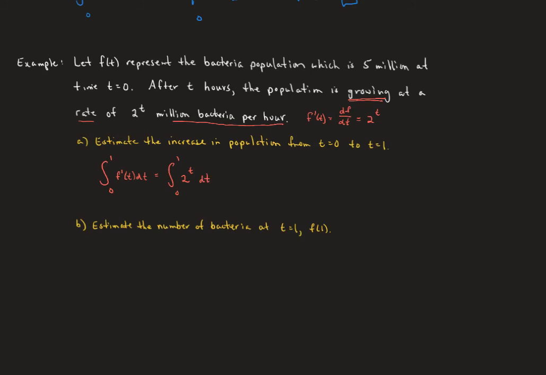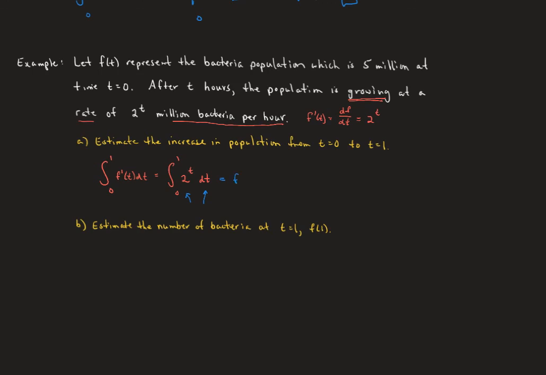Now, let's just check our units here, because that's kind of helpful. Remember, the 2 to the t is in millions of bacteria per hour times a little increment in hours. The hours will cancel, and that's going to give us that population.